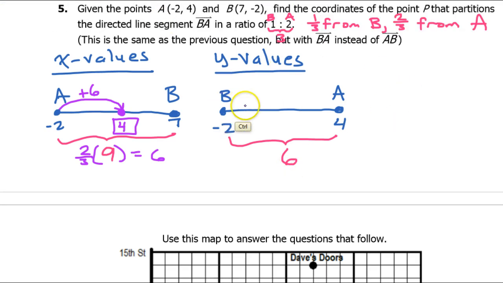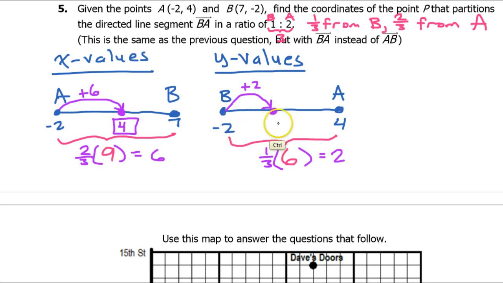Okay, now if I want to move from B, I want to go 1/3 of the way from B. Okay, so that's why I'm going to do 1/3 of this. Well, 1/3 of 6, that's just 6 divided by 3, so that's going to be 2. So if I go 2 over, that means I'm adding 2. So where's that going to put me?